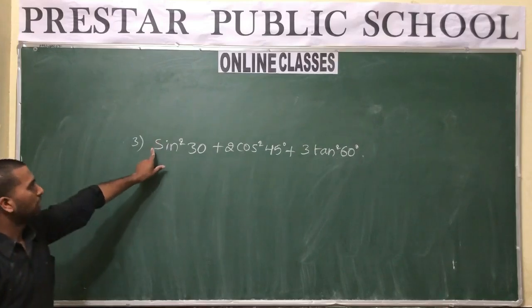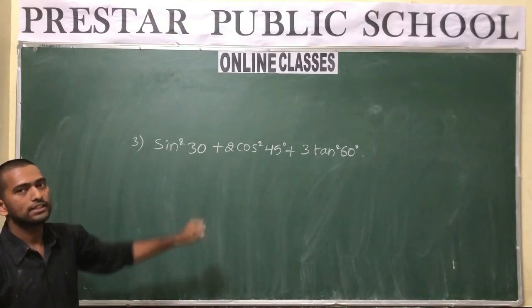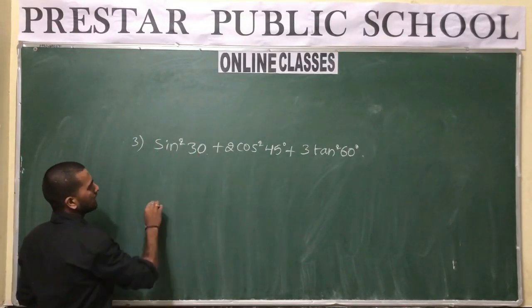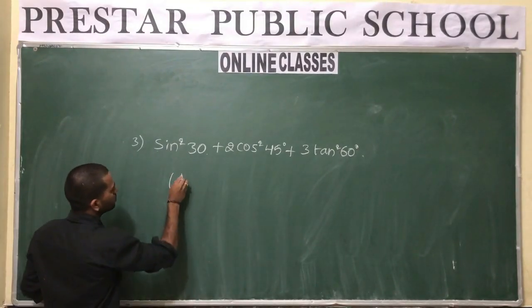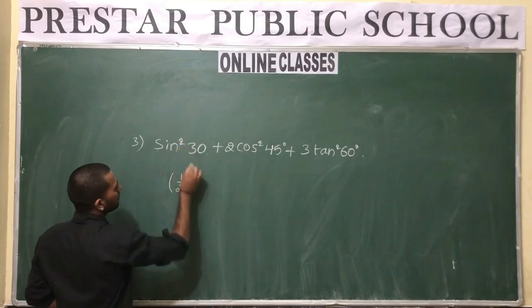See, this is the problem. You need to find the value of the given problem. Now sin square 30. First of all, what is sin 30 value? It is 1 upon 2. So 1 upon 2 whole square is there now.